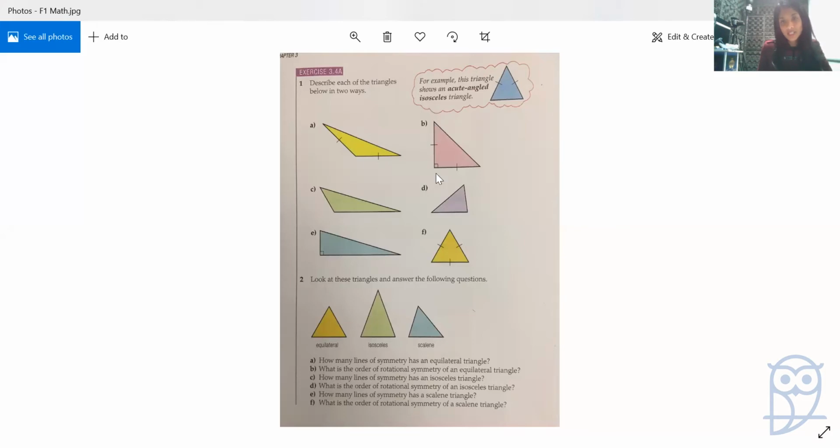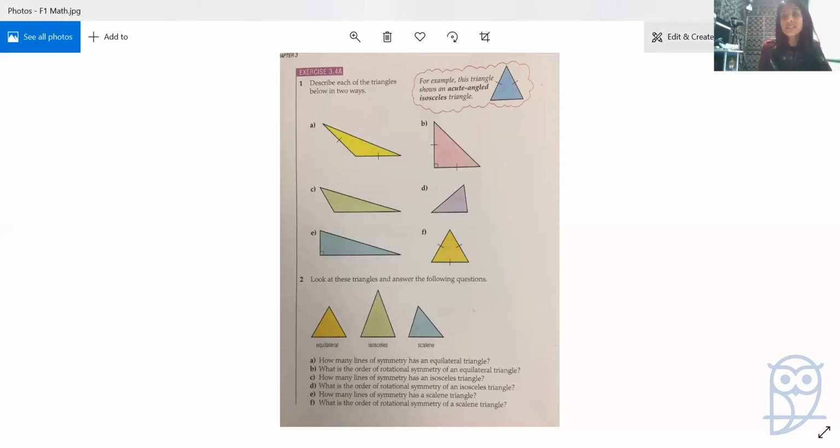Moving along, this is a right angled triangle. And how do we know it's a right angled triangle? Because we can see in the little corner there's a square, and one angle is a 90-degree angle. Coming down to C, there are no obvious signs that it's an equilateral triangle or an isosceles triangle.